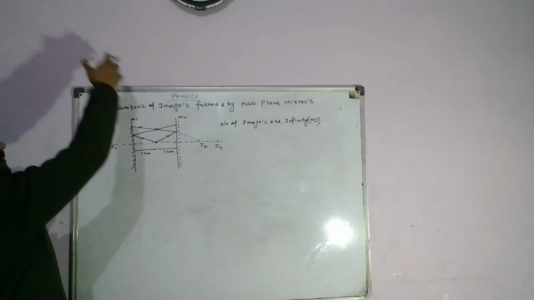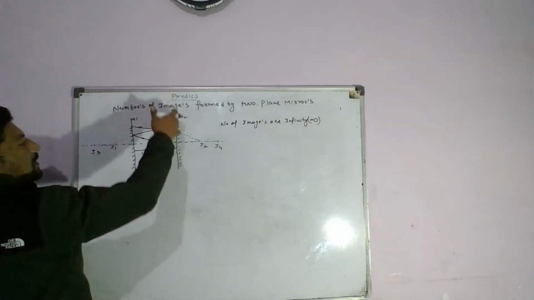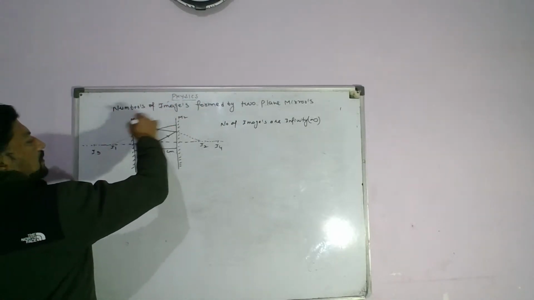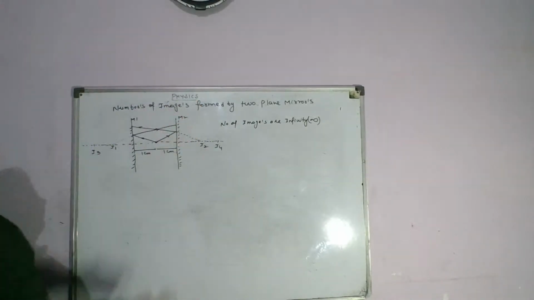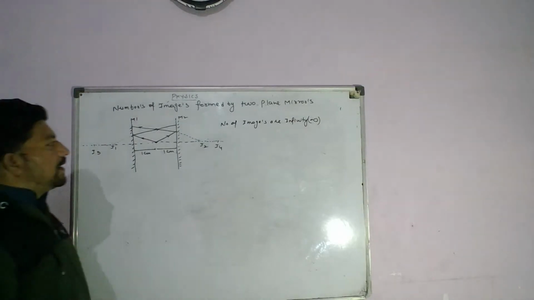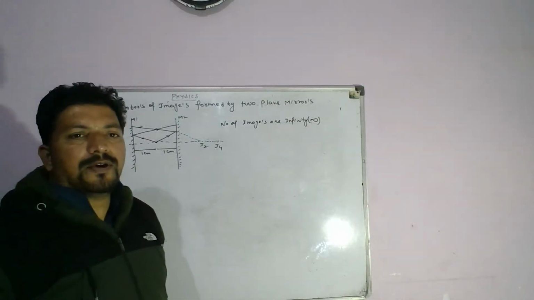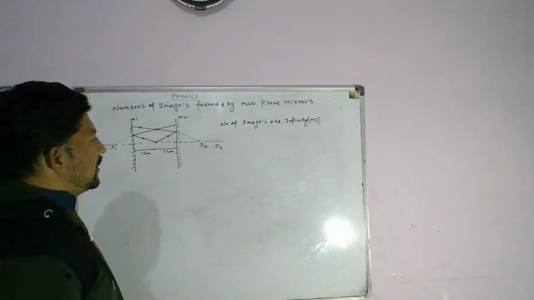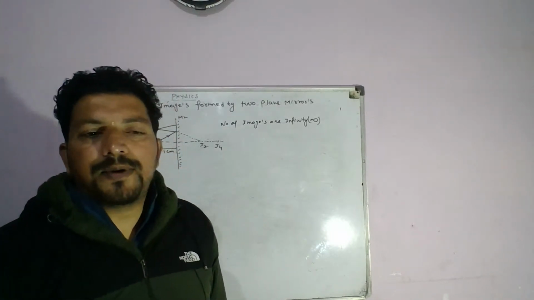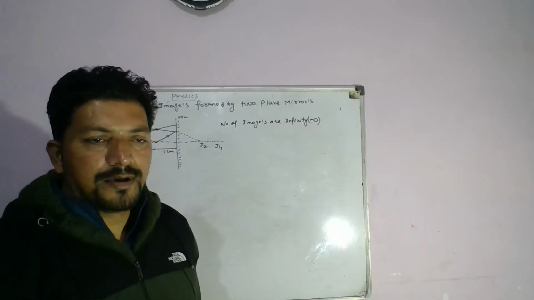If the length of the mirror is greater than this, then again the ray can go forward. Then so many images are formed, but there is one condition: as more images are formed, the intensity of the image decreases step by step.